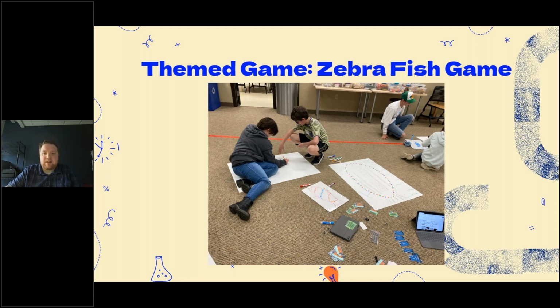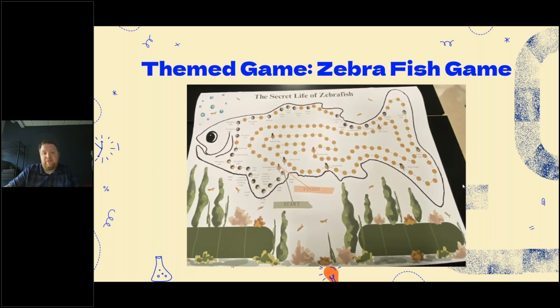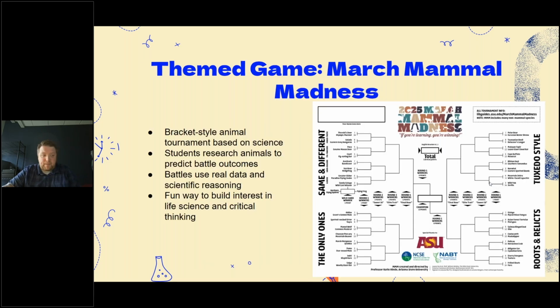We had some criteria that they had to determine, and then they developed the second version of the game. Ultimately, we got to that final version. So we created this more official game board, and the students bought into it because not only were they playing a game, which is fun, but they also had a hand in developing it, all while still learning what I wanted them to learn with the development of that embryo.